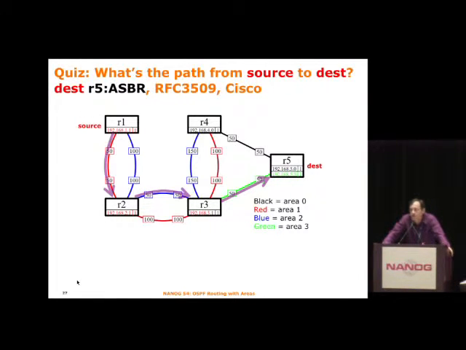If it's routing to an ASBR, it does matter whether Cisco or Juniper, and you'll get this 3-hop path or that one.